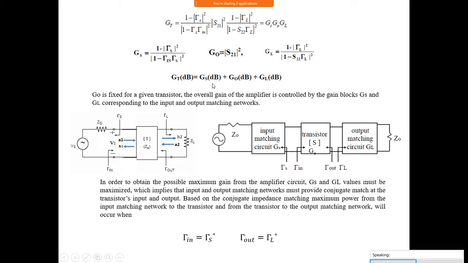This is 12 dB. This is 4 dB lesser than 6 dB. This is 4 dB lesser than 6 dB. So you can easily get that 20 dB here. But 30 dB you cannot get. Here is correct. Maximum you can get is 24 dB because GS and GL maximum are 6 dB. So you cannot get greater than 24 dB from this one.